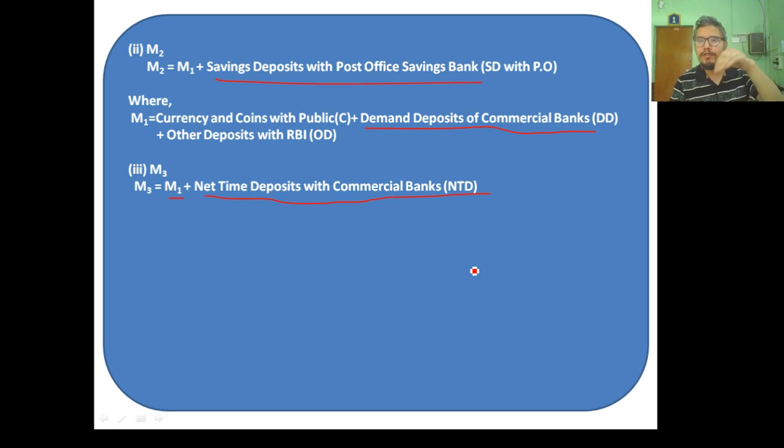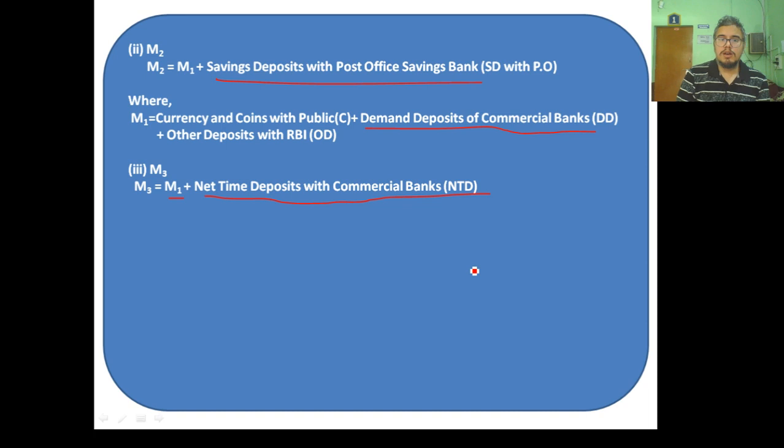Okay, if it is really urgent for him to withdraw the money, there are provisions to withdraw it, obviously after going through some formalities, but he will not get the interest rate which was agreed upon. Obviously he will get a discounted value of it. So in net time deposits, there is a certain restriction. You cannot withdraw your money, or use it whenever you need it. You have to wait for the maturity period.